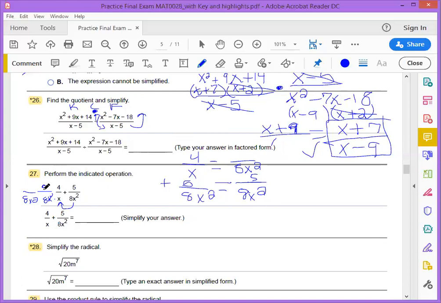Therefore, we also must multiply the numerator times 8x. So 4 times 8x gives us 32x in the numerator. All right, let's go ahead and keep our denominator of 8x squared. And in the numerator, we have 32x plus 5. This is our answer.